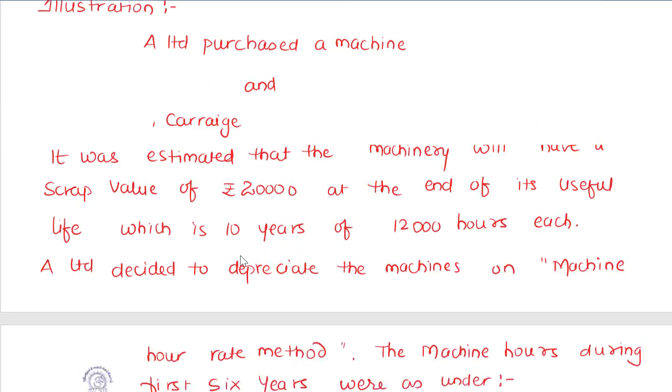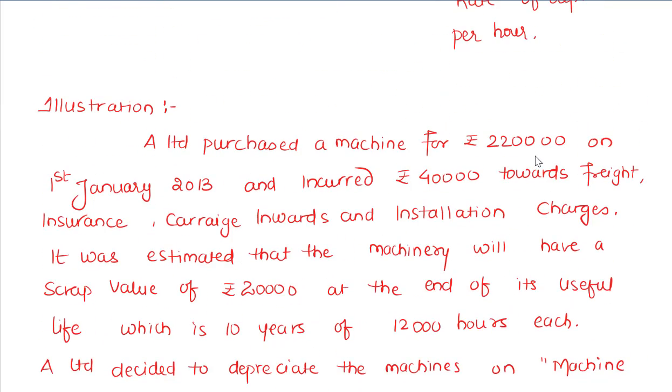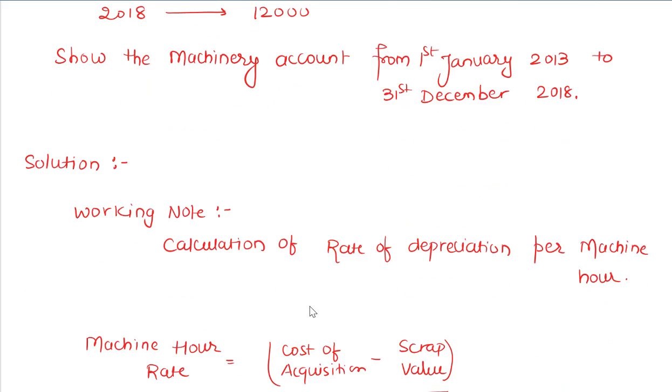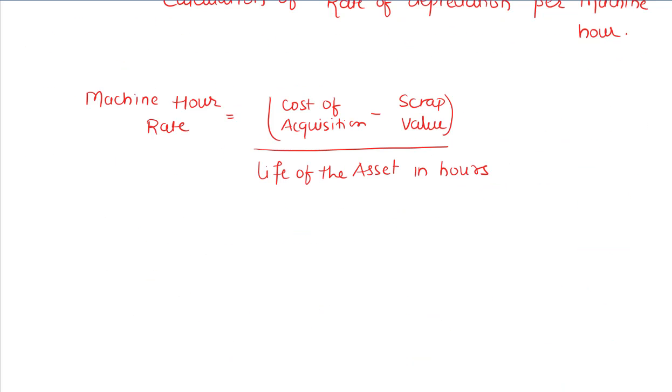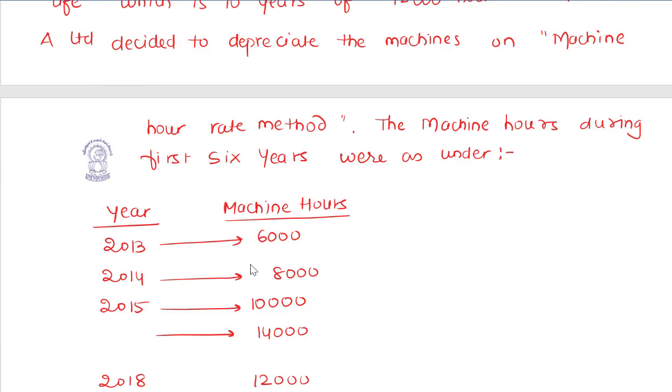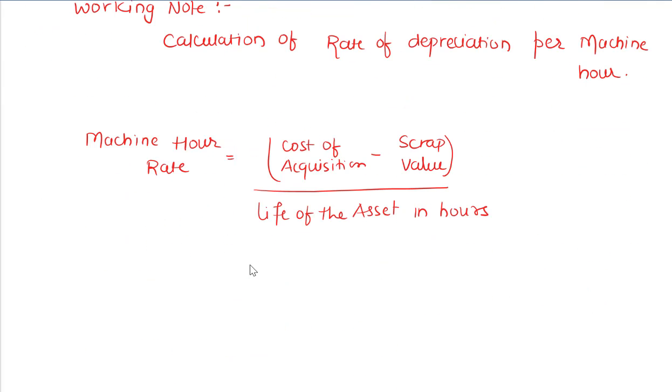Let us see the cost of acquisition. Cost of acquisition is 2,20,000, and they have incurred 40,000 towards freight, insurance, carriage inward and installation, and the scrap value is 20,000. So cost of acquisition minus scrap value divided by life of the asset in hours.